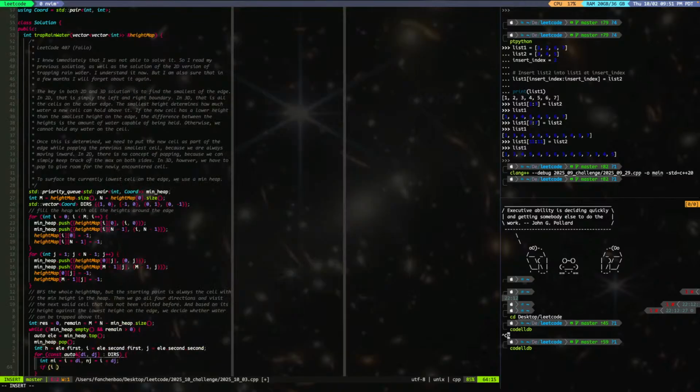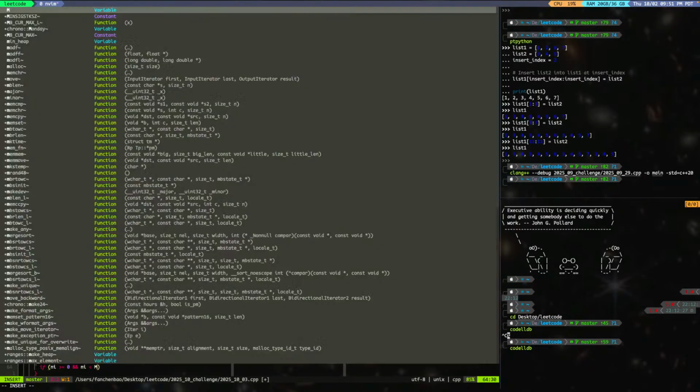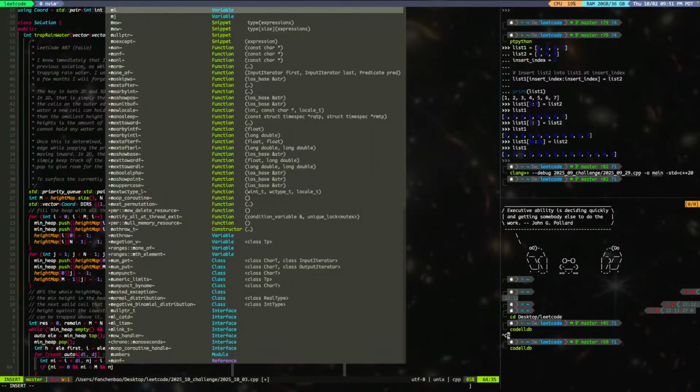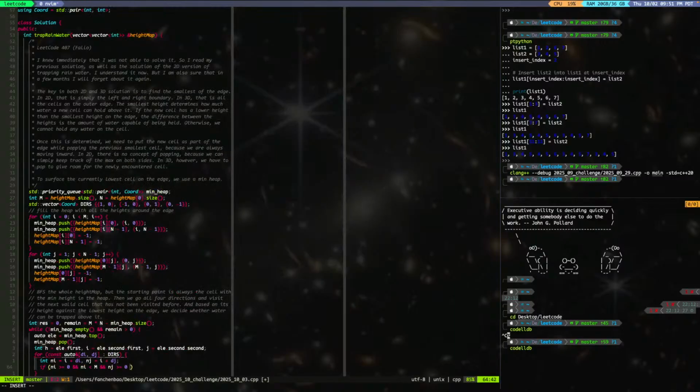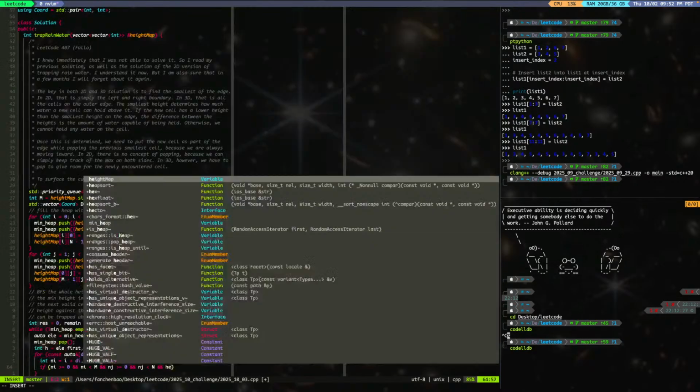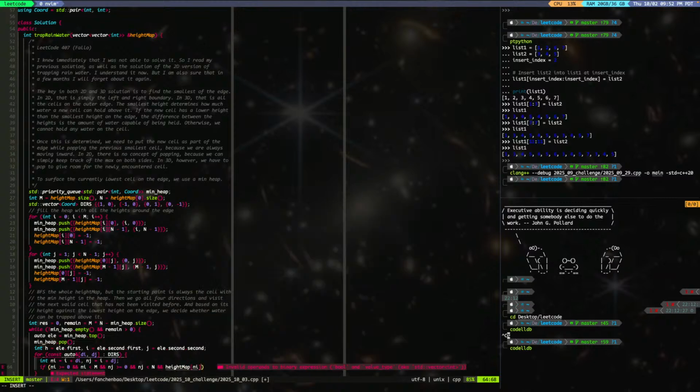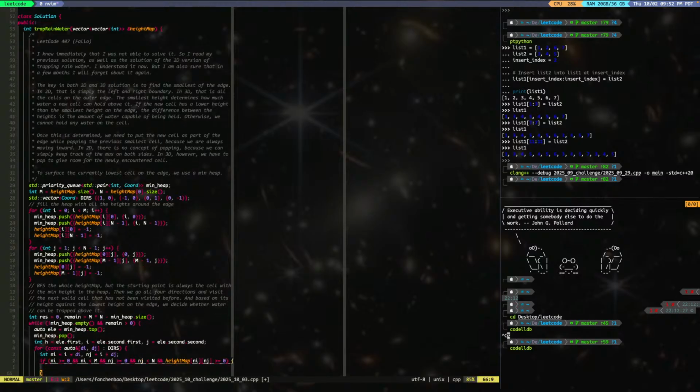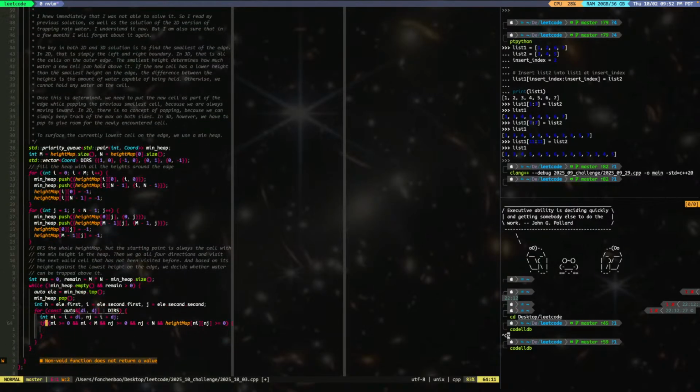If ni larger equal to 0 and ni smaller than m, nj larger equal to 0 and then nj smaller than n, and height map ni nj is larger equal to 0. That means we can visit it, right?